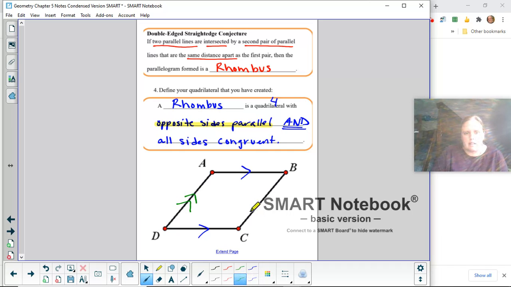The left and right sides need a different set of arrows showing that direction that they're going in. And then finally, we need to show that all sides are congruent. And that's going to be our hash marks. So I'm going to put the same hash mark in each side on the rhombus. So here we have four congruent sides, two pairs of parallel sides. This is our rhombus.